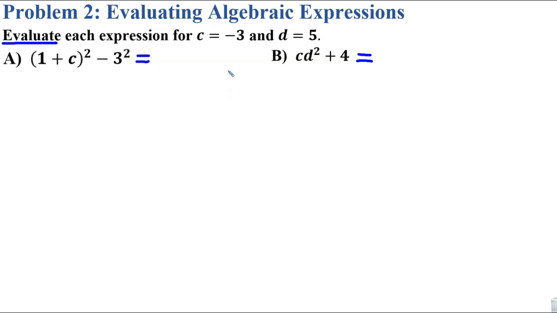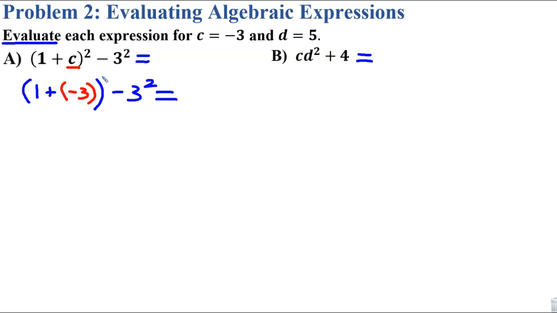Okay, so let's go ahead and do part A first. Now, part A has a single variable in it, just the c. I'm going to say that c equals -3 for this problem. So we can rewrite this as 1 plus, and when I fill this in, I'm going to put in parentheses just to start off with. I'm going to replace that c with the value that c is, the -3 in parentheses.